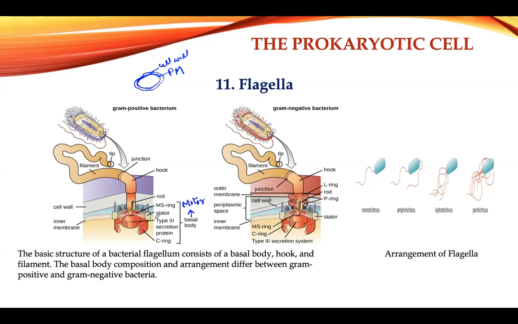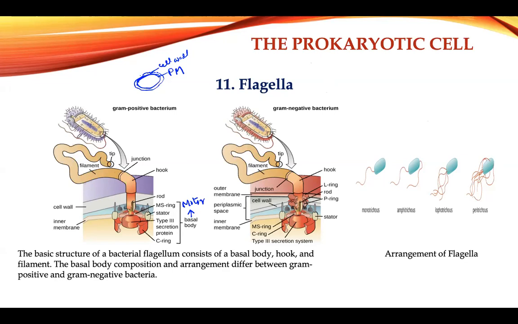So this is the motor of this locomotory organ. That day I told, I hope you remember, that flagella work as a locomotory organ. It helps prokaryotes to move from one area to another area. So this basal body is the engine of this locomotory organ.